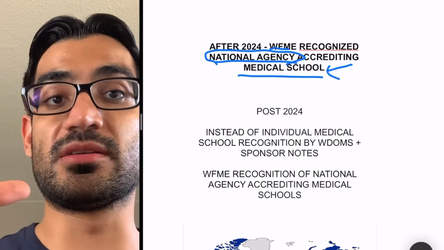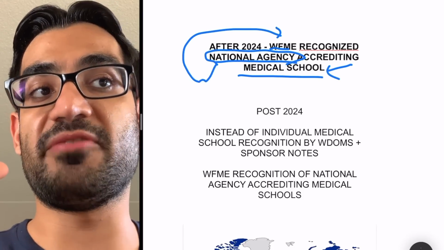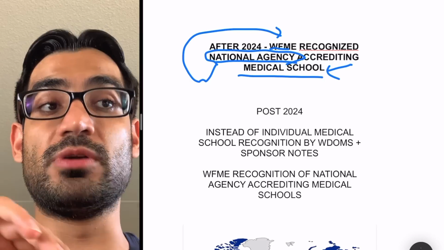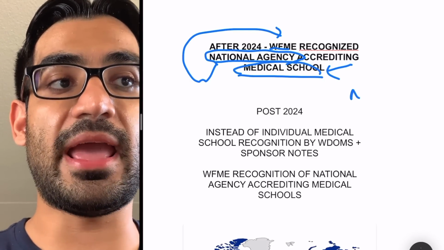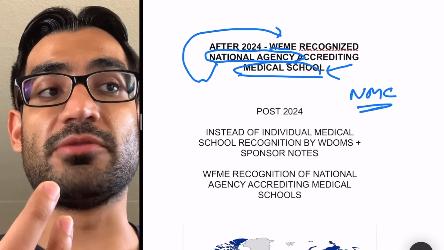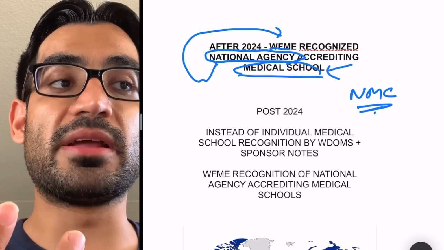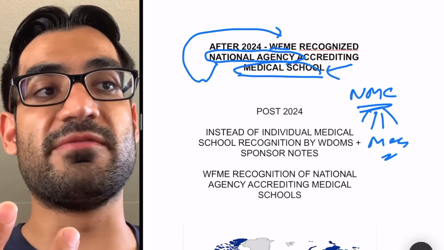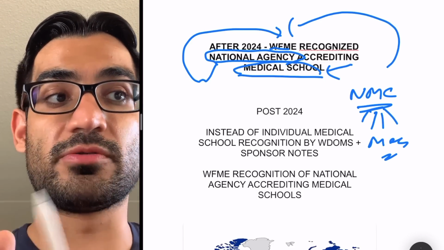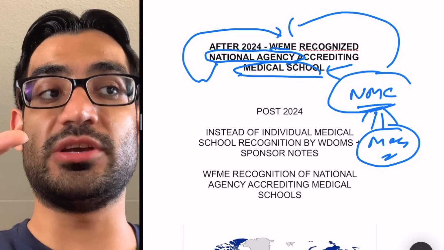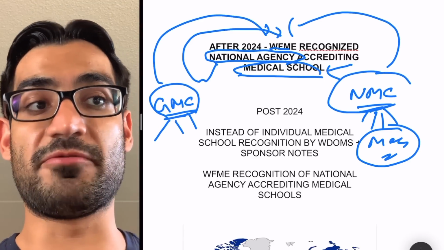So the National Medical Council must apply to WFME for accreditation, and only if that is granted, then all medical schools that are covered by NMC, which is the Medical Council of India, will be WFME recognized. So we are moving away from individual school recognition to national body recognition. That is what's gonna happen after 2024.